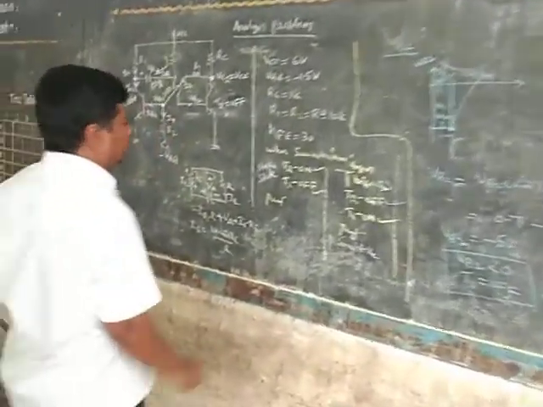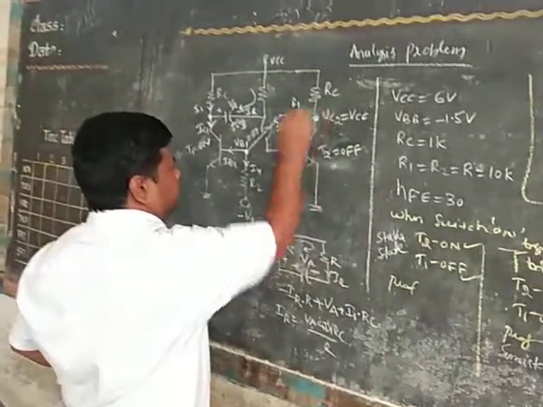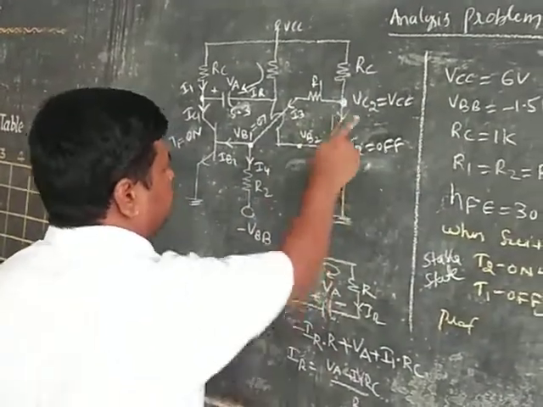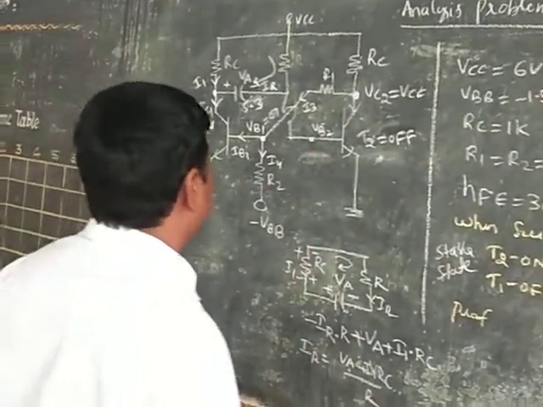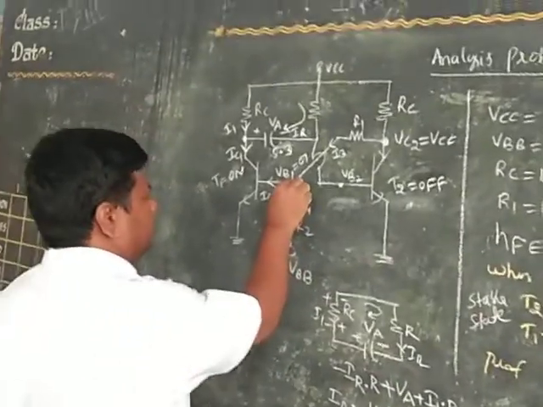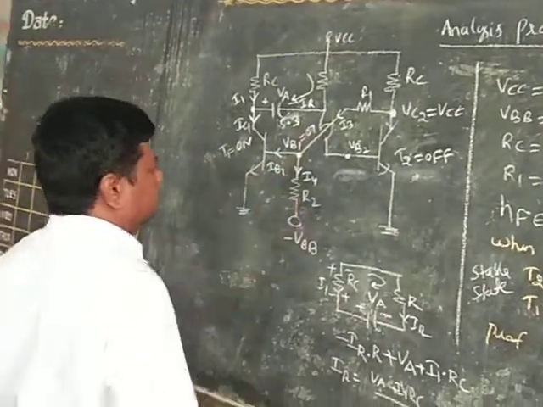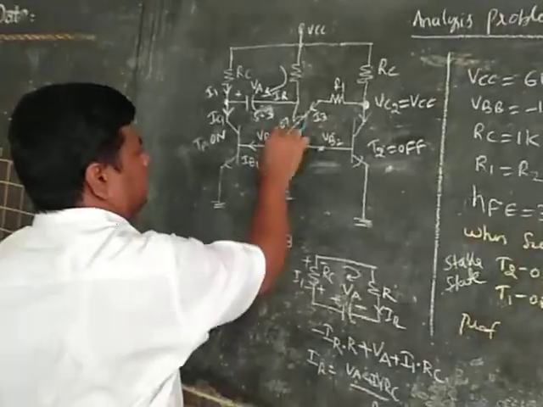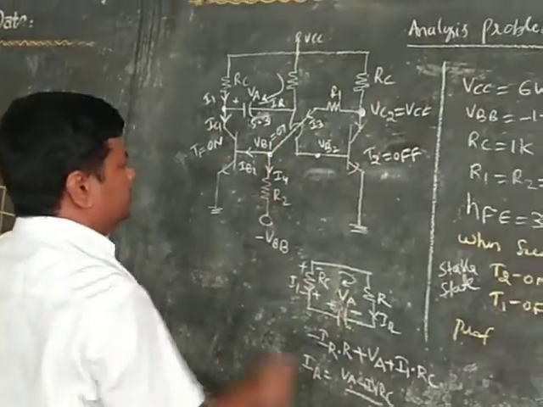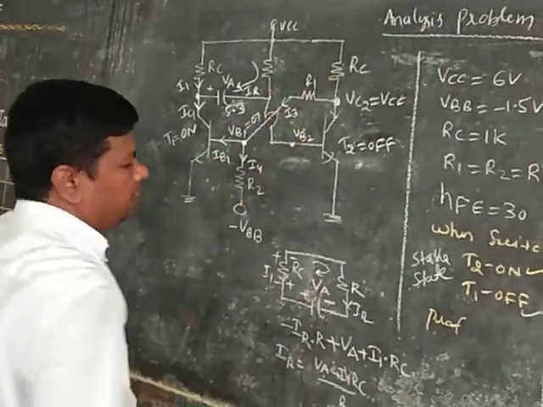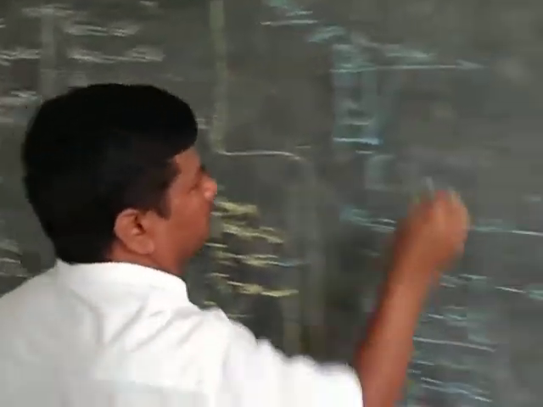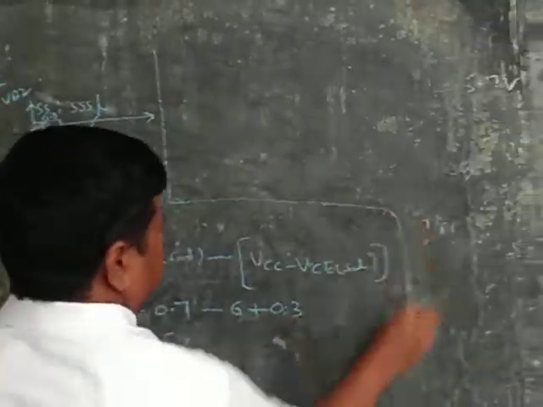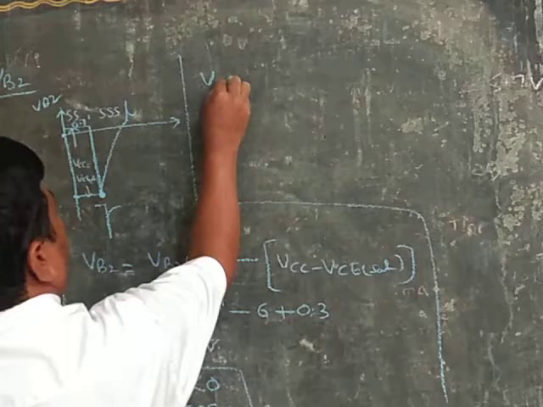Now what is the collector voltage VC2 when transistor T2 is off? Okay, this is VB1, transistor on, 0.7. This is VCC. Then apply the superposition theorem and calculate VC2. Okay, the last parameter is VC2.